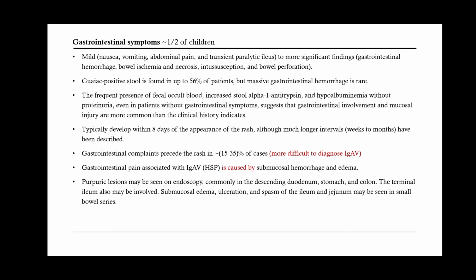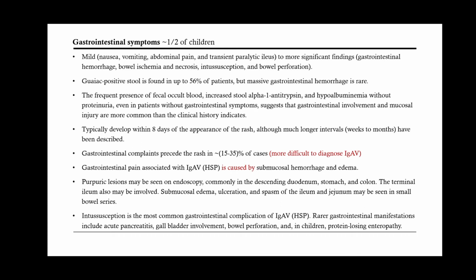Submucosal edema, ulceration, and spasm of the ileum and jejunum may be seen in small bowel series. Intussusception is the most common gastrointestinal complication of IgA vasculitis or Henoch Schonlein Purpura, HSP. Rarer gastrointestinal manifestations include acute pancreatitis, gallbladder involvement, bowel perforation, and in children, protein-losing enteropathy.